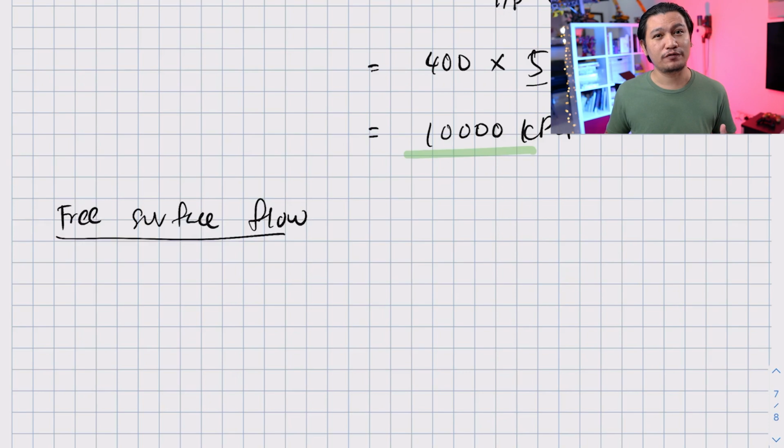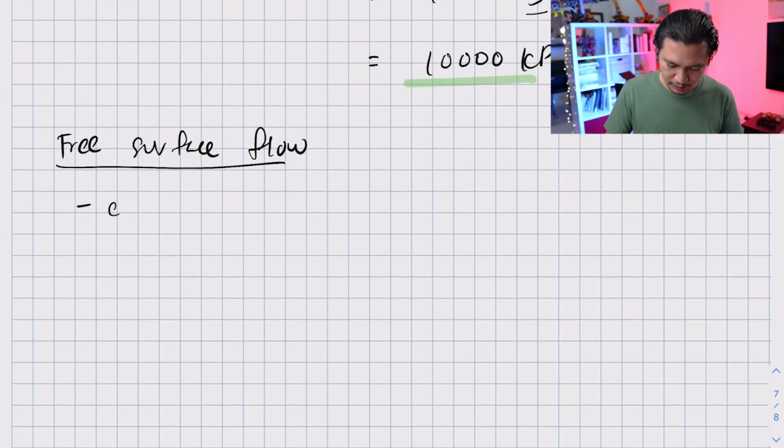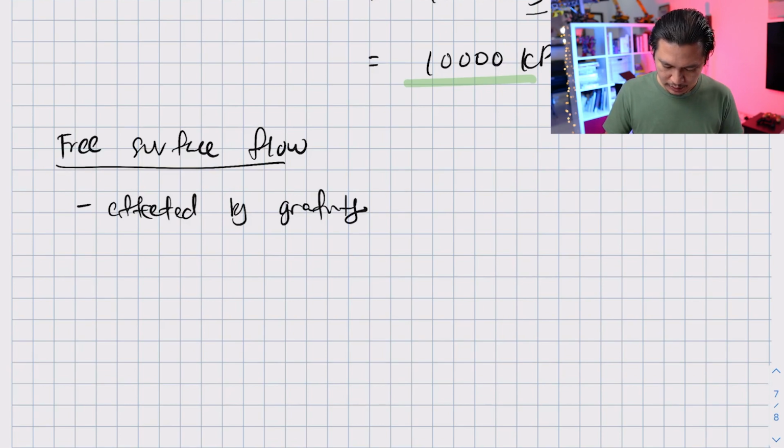A few examples of free surface flow are dams, flows in channels, or maybe just an object on top of the surface where you want to calculate the drag. That is also considered free surface flow. And because the flow is affected by gravity, the important dimensionless parameter in free surface flow is called the Froude number.